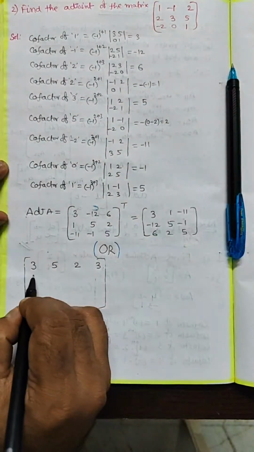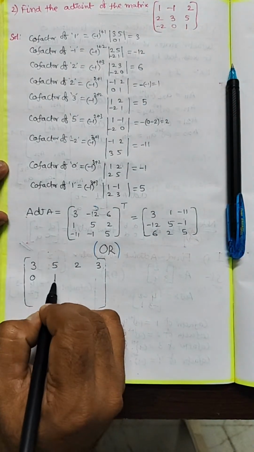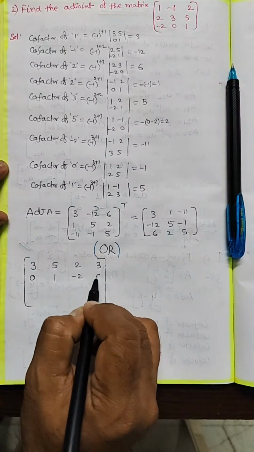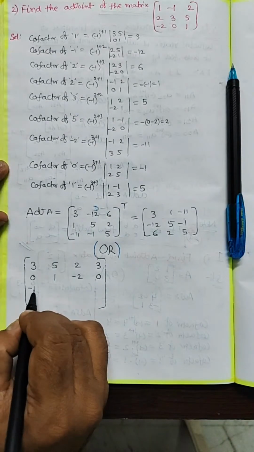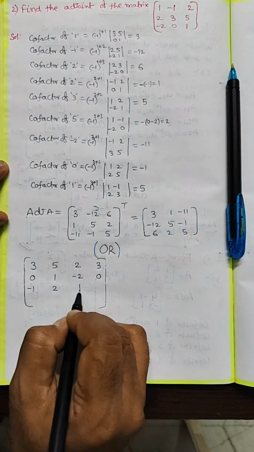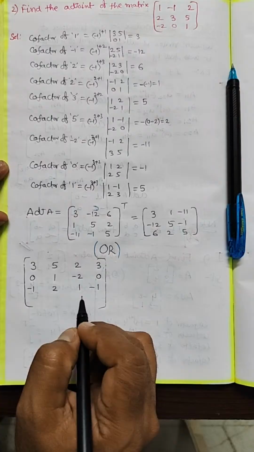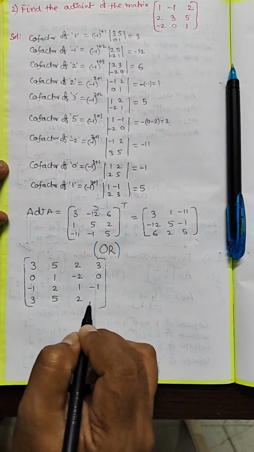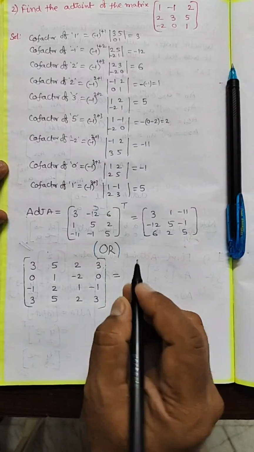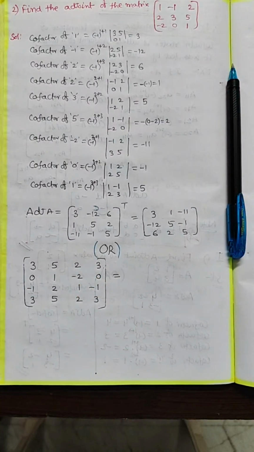Next 0, 1, minus 2, again 0. Next go to first row, minus 1, 2, 1, minus 1. Again you have to write the first row, 3, 5, 2, 3. Here, very important thing.